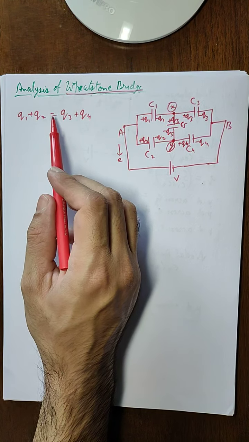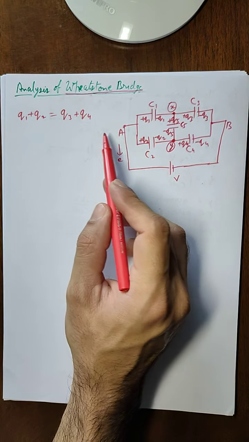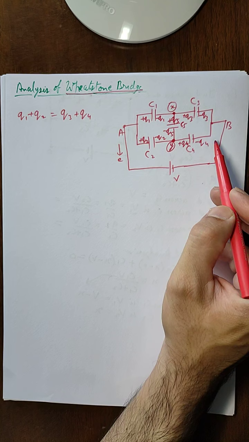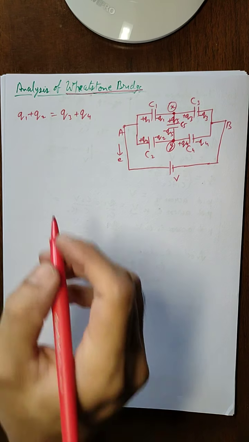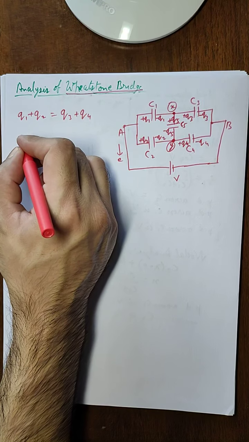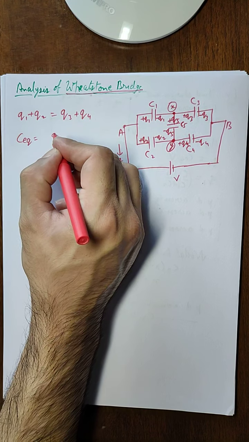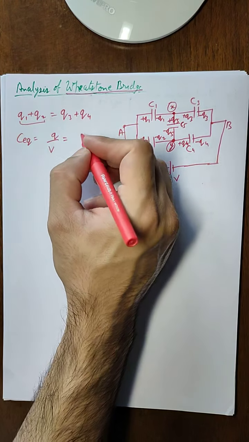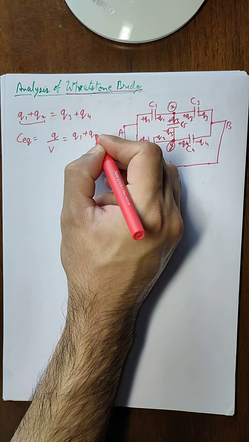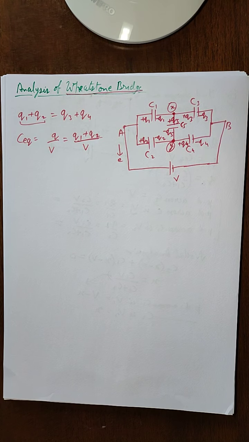So this equation will be true because the battery is taking Q1 and Q2 from here and supplying it in the form of Q3 and Q4 over the right plates of C3 and C4. Now the equivalent capacitance across AB can be determined by the total charge divided by the potential. Now the total charge is Q1 plus Q2, so we can say that equivalent capacitance will be this.